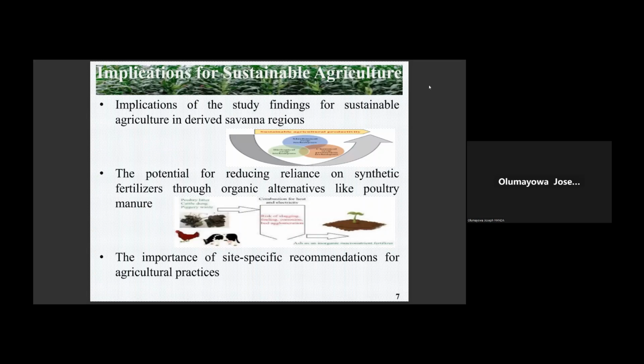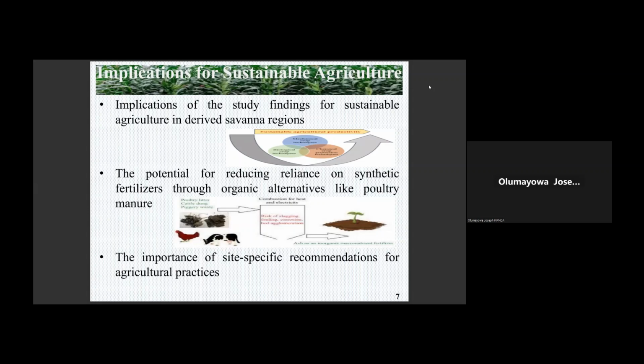What are the implications? The implication of these studies for sustainable agriculture is, one, that it ensures we have adequate land for cultivation and can mitigate temperature, rainfall distribution and drought stress, and also reduce reliance on synthetic fertilizer by engaging organic alternatives, especially the poultry manure utilized in this research.